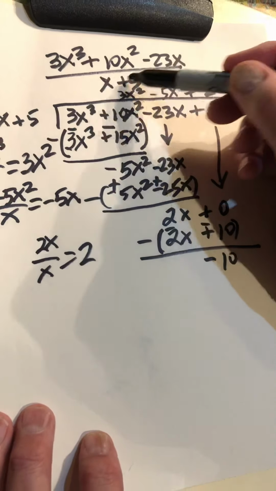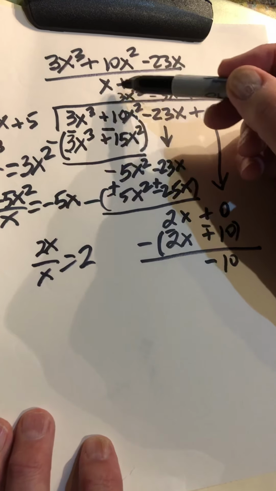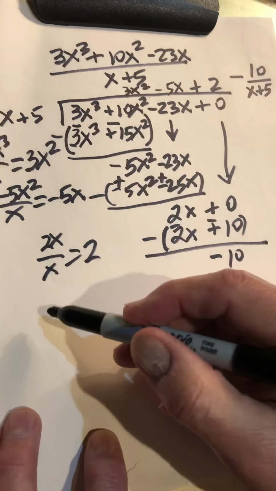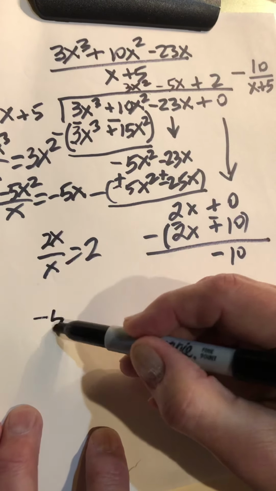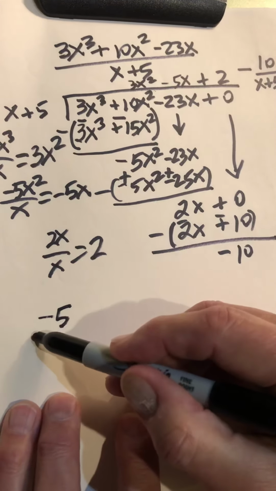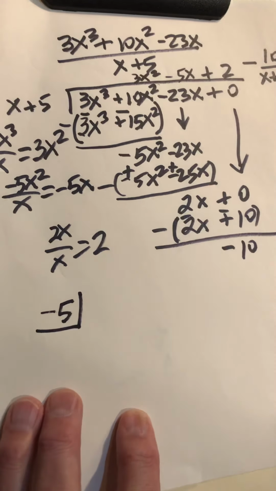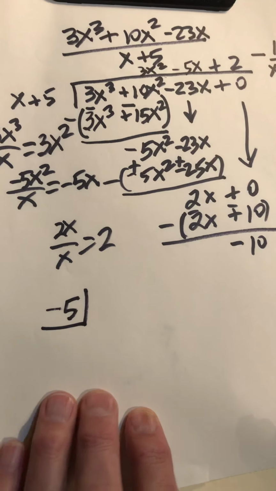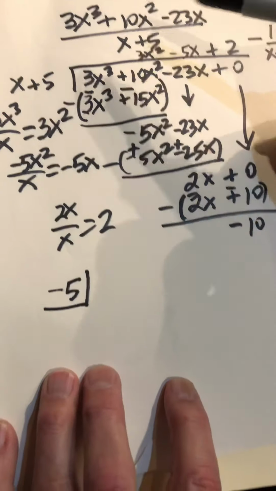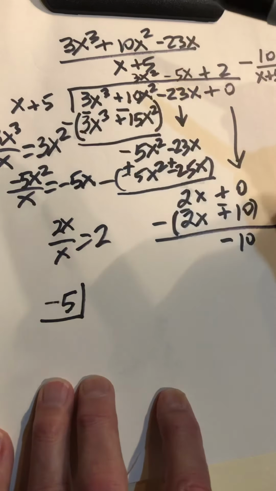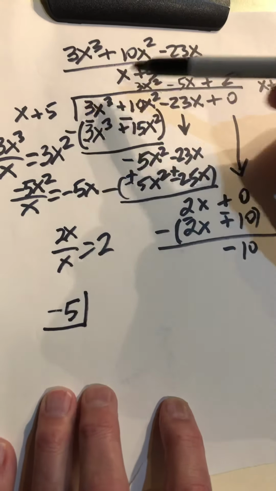I take the constant in the divisor, which is plus 5, and change the sign to negative 5, and I do what I call putting that in the box. Then I simply take the coefficients of the dividend.